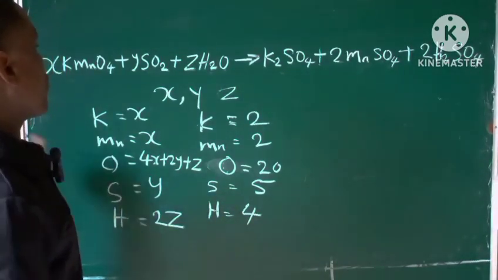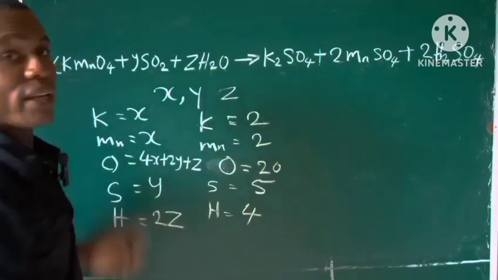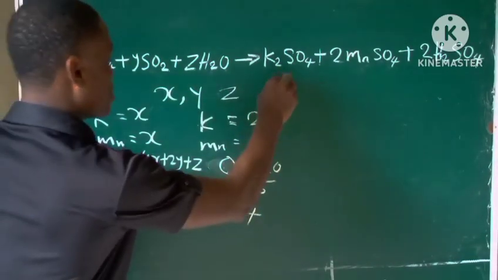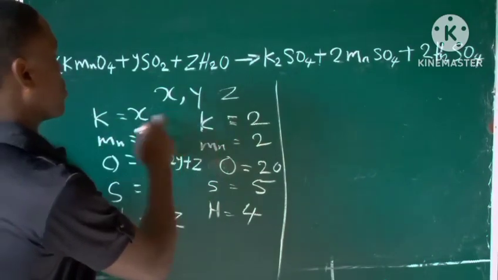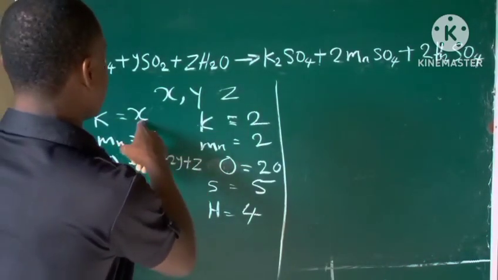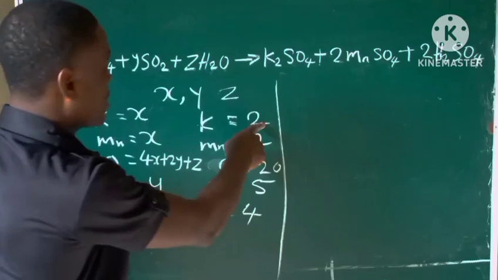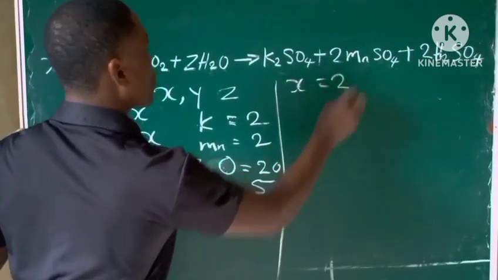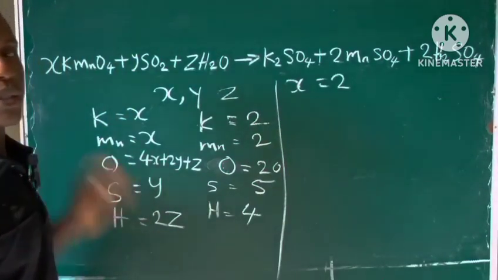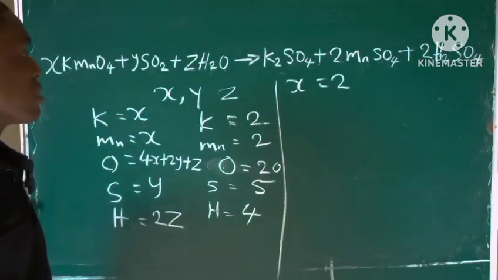We are asked to find the value of x, y, and z. So let's equate them. The first one is potassium, so we have x equal to 2. The value of x is 2.